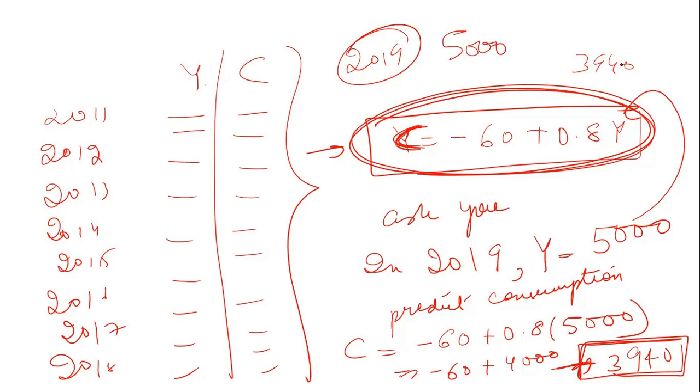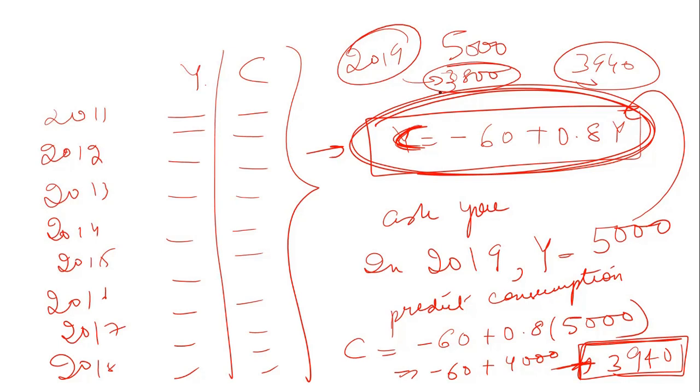Now, 2019 actually comes up and I start consuming. After I start consuming, my actual consumption comes out to be 3,800. I didn't consume 3,940. I consumed 3,800, which means you predicted a value for me that was close enough to my actual consumption, but not exact.